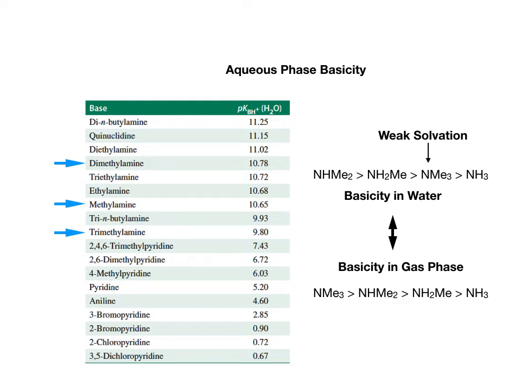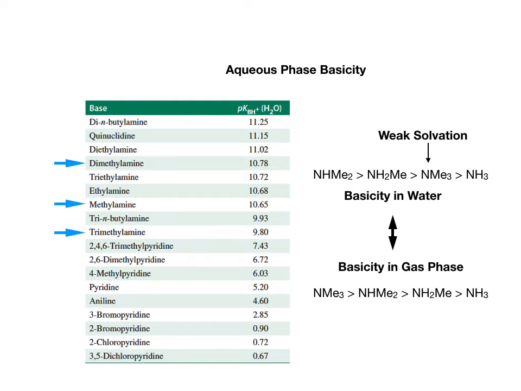So in this case, a high pK value corresponds to a stronger base because it means the conjugate acid is less likely to dissociate in water. Okay. So if you look at this table, you'll find the same kind of substituted ammonia. This list of substituted ammonia showed a different sequence.